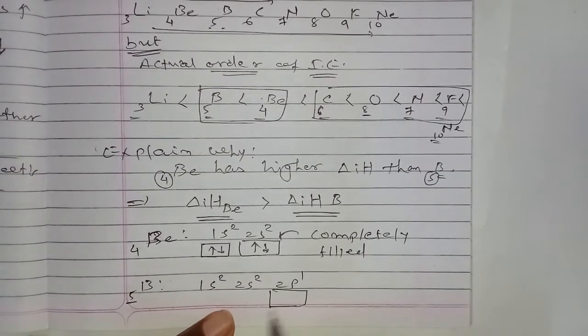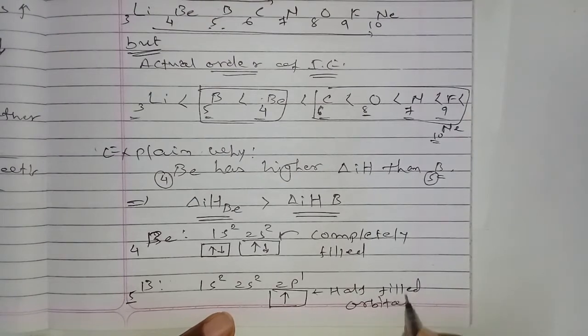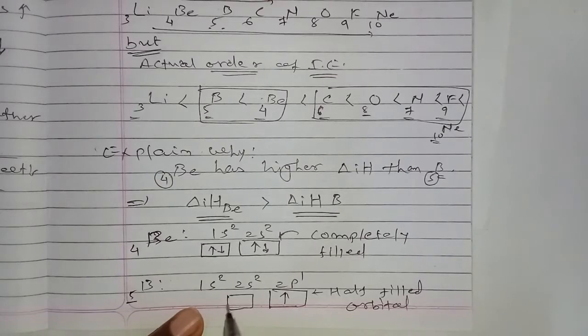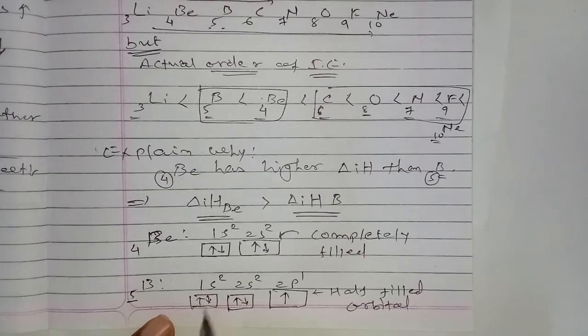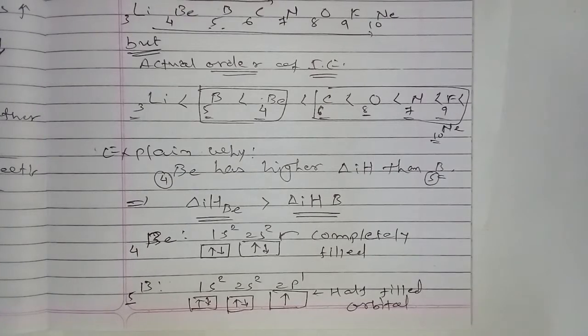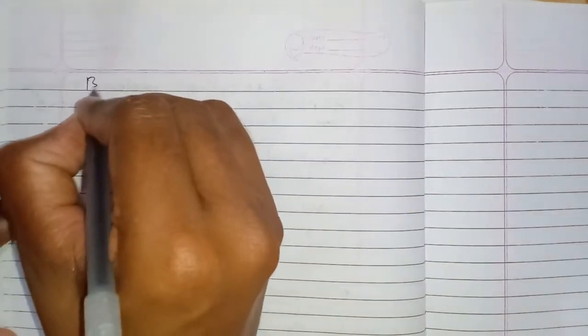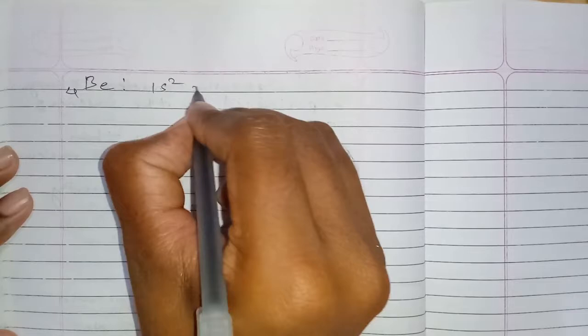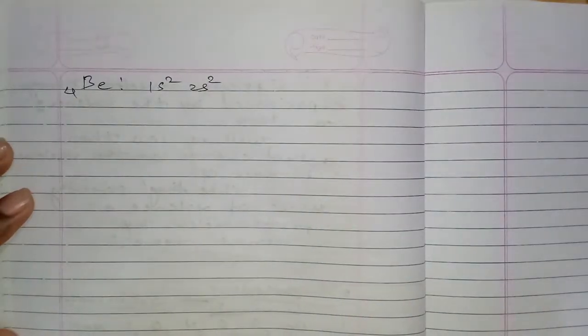Here 2p orbital is half filled, and here 2s is completely filled and 1s also completely filled orbital. So beryllium here 1s2 and 2s2.